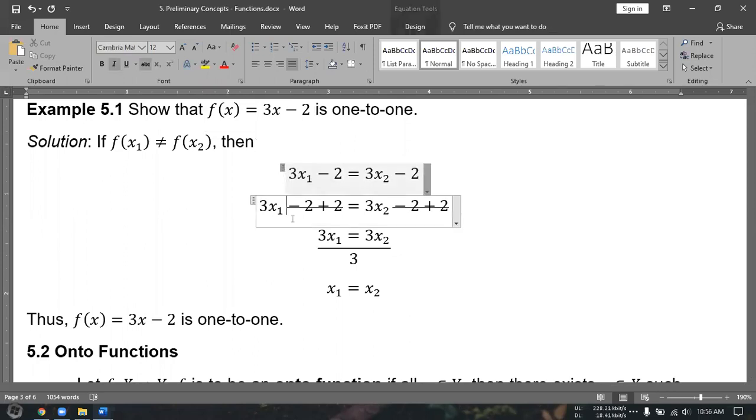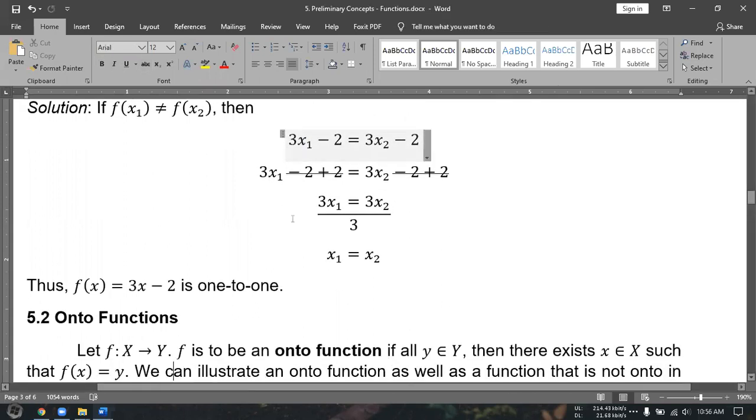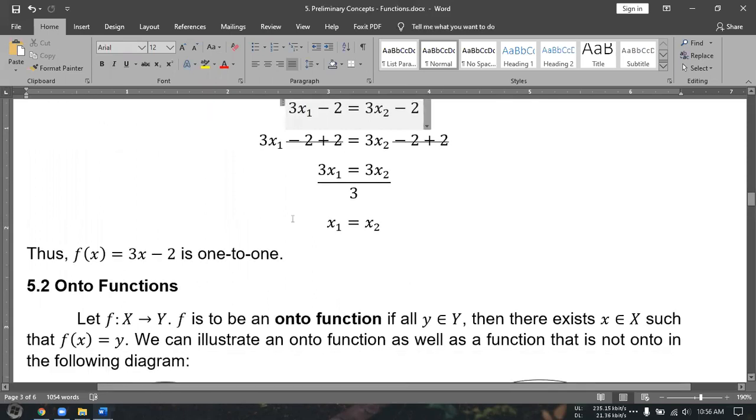Dali lang naman eh. And then we have the second example, second function, we have the onto. So meaning to say, if we already finished the one-to-one relation, ibig sabihin si onto could be the many-to-one function. And then, let the mapping of f be the mapping where x maps to y.